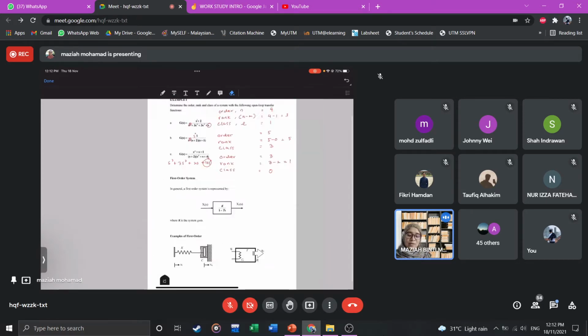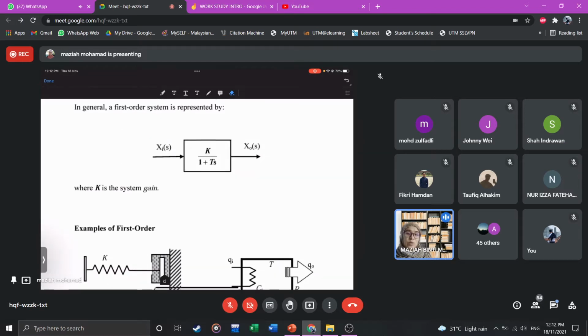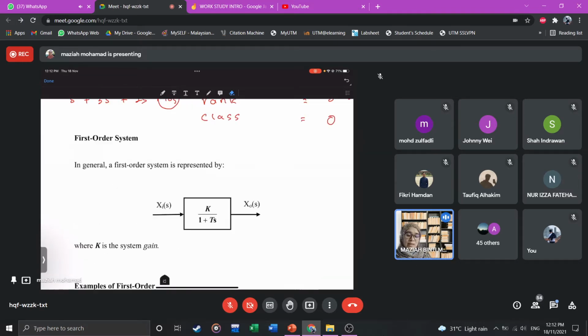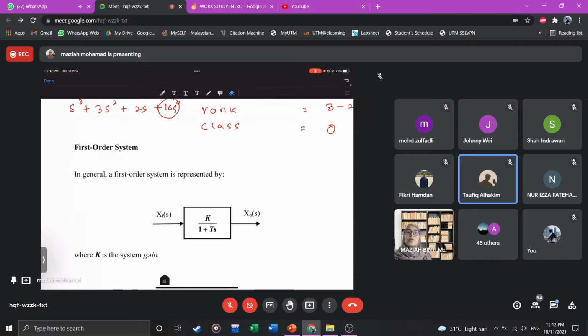I have 3 sections, so saya confused lah yang mana. Basically this is the morning session, so I already explained. I think your section already covered this, right? Okay, so we just stop until here, until classification. Thank you, Taufik.